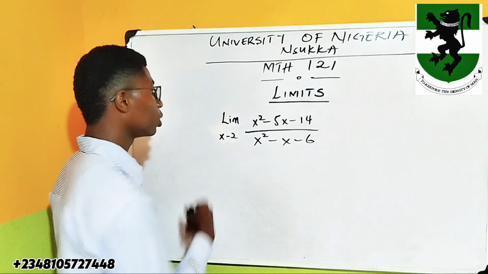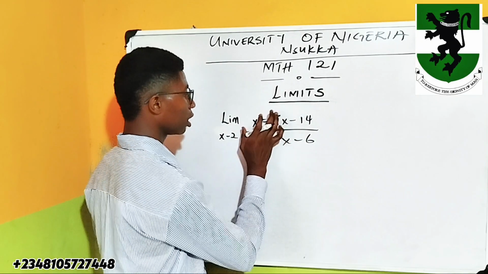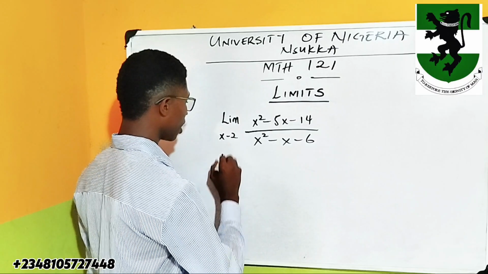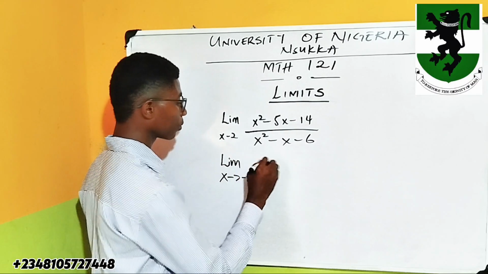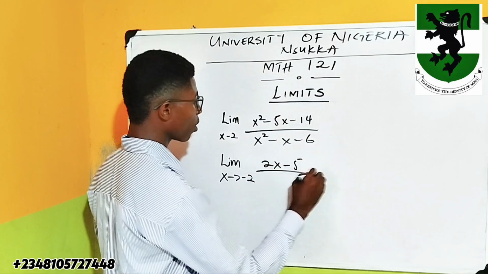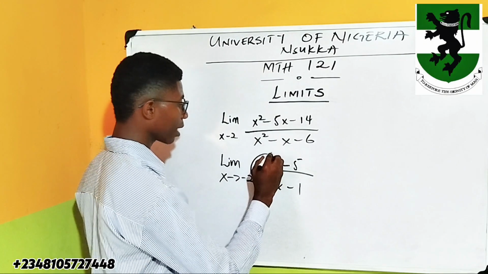Apply L'Hopital's rule, differentiate the numerator separately and the denominator separately. Differentiating term-wise, we have the limit as x approaches minus 2 of (2x minus 5) over (2x minus 1). Now we go on direct substitution.